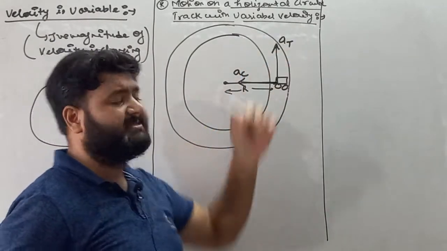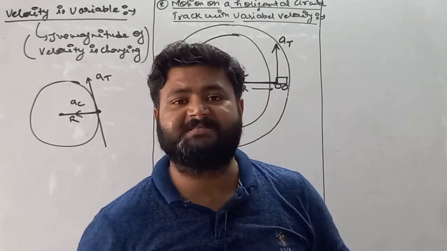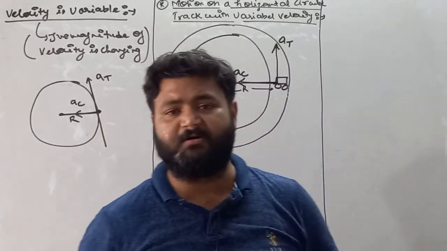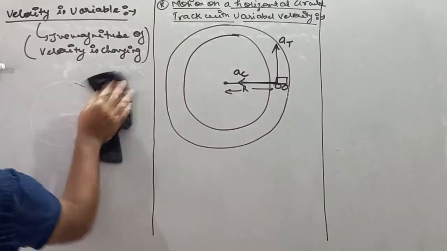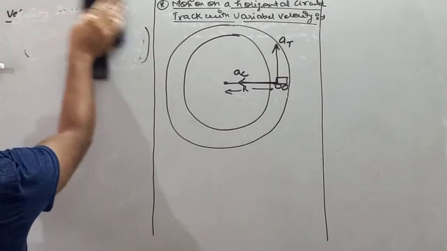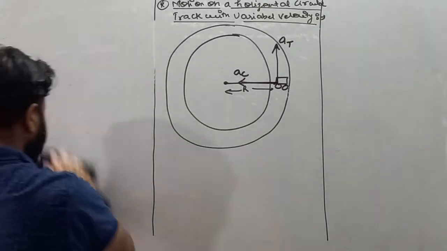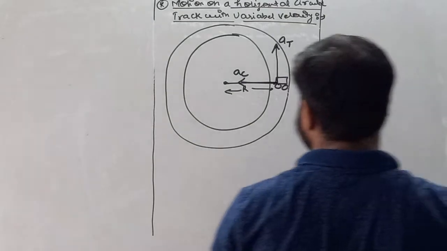Because here velocity is variable, and in circular motion if velocity is variable, tangential acceleration also acts on the particle. Centripetal acceleration acts towards the center and tangential acceleration acts towards the tangent.